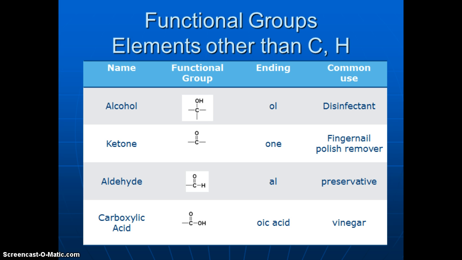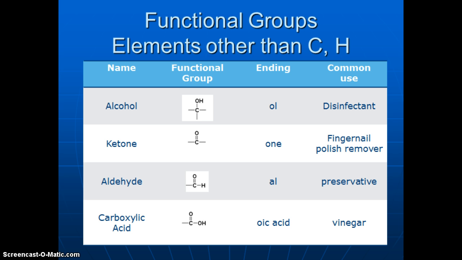And why functional? Because that's the part of the molecule that often affects its properties and how it reacts or how it functions. So let's look at just 4 functional groups, and these are the only 4 we're going to look at. There's many more than 4, but these are the 4 that you are going to be responsible for. So in our first molecule, we looked at the functional group alcohol. So what makes an alcohol molecule?